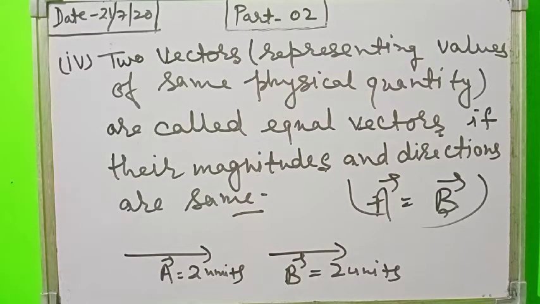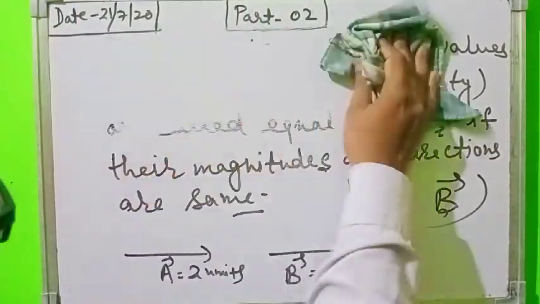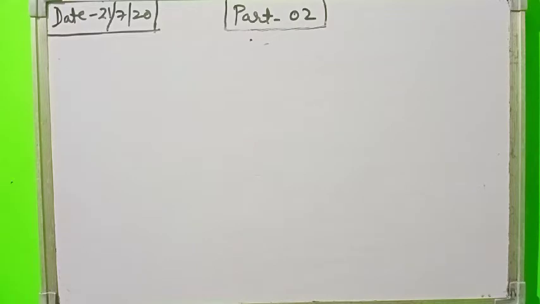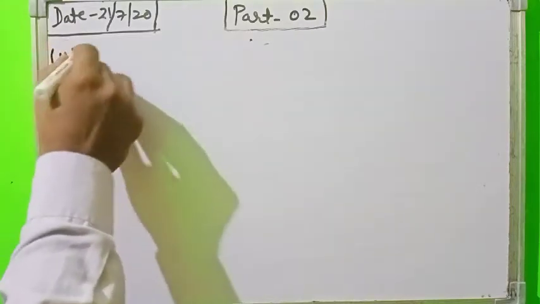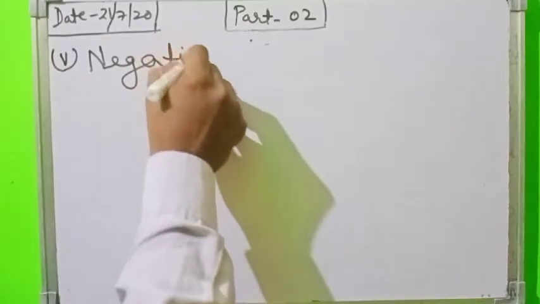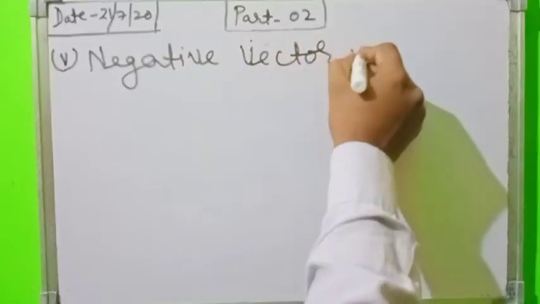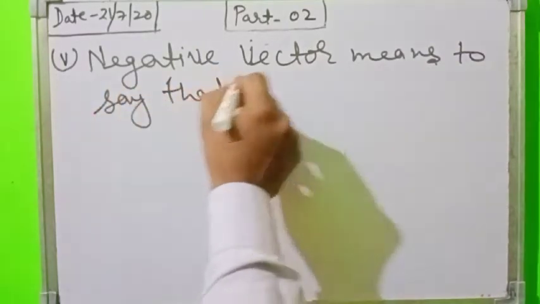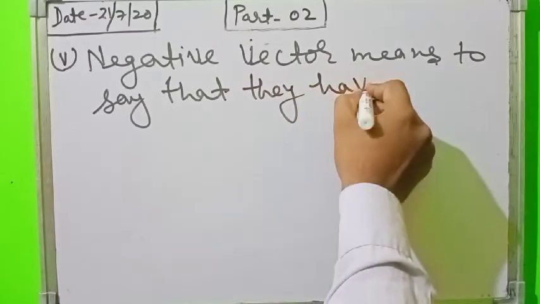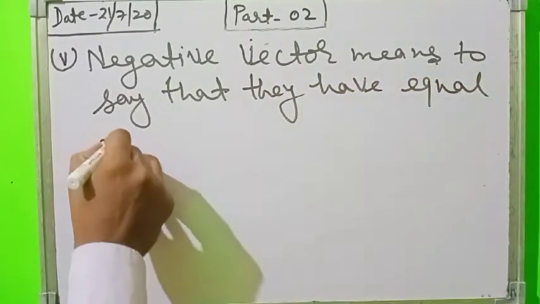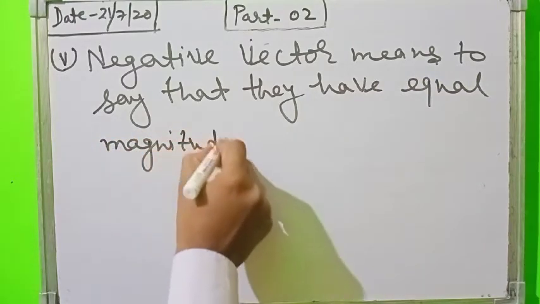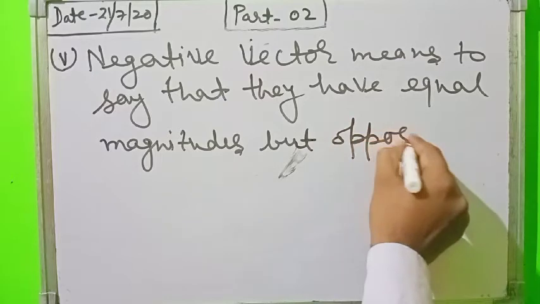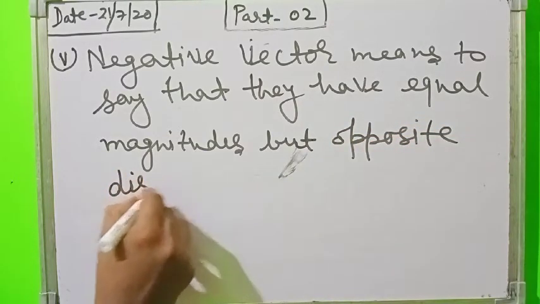Negative vector means to say that they have equal magnitudes but opposite directions.